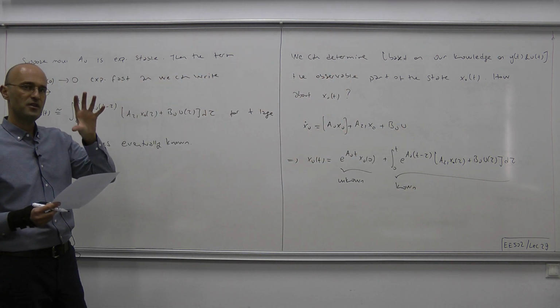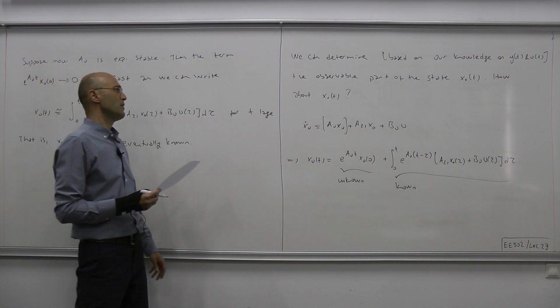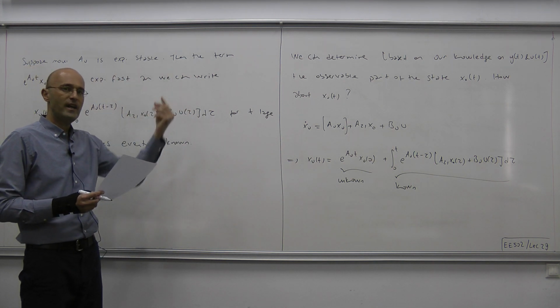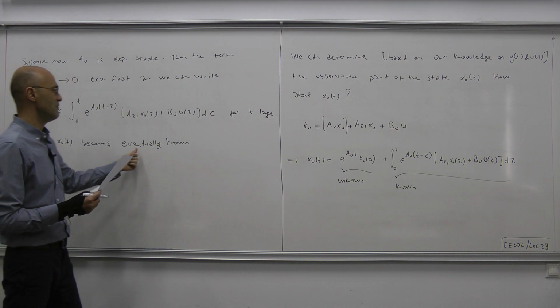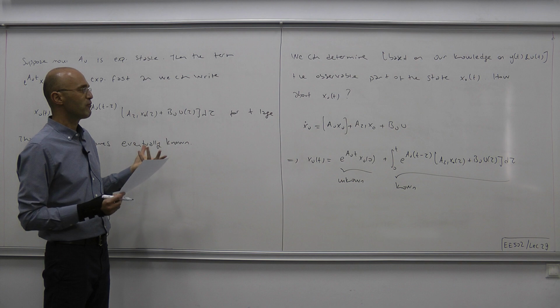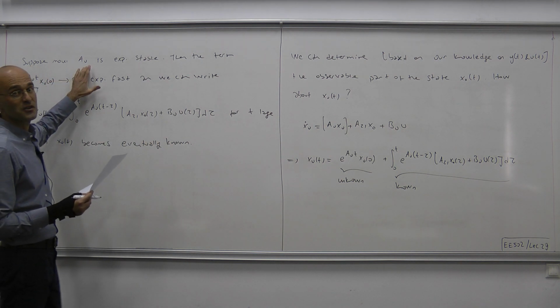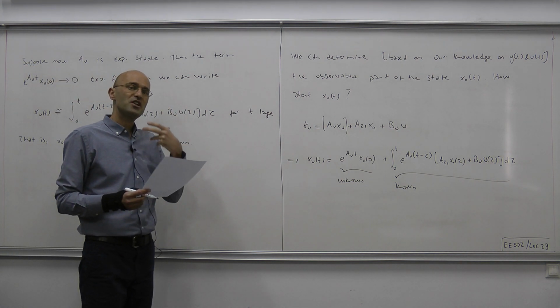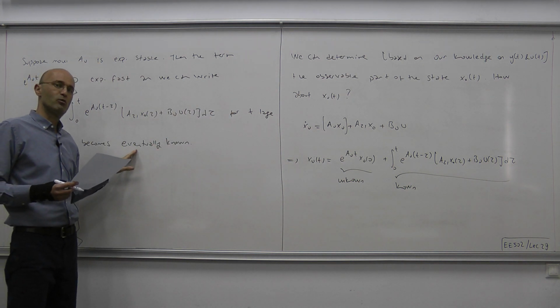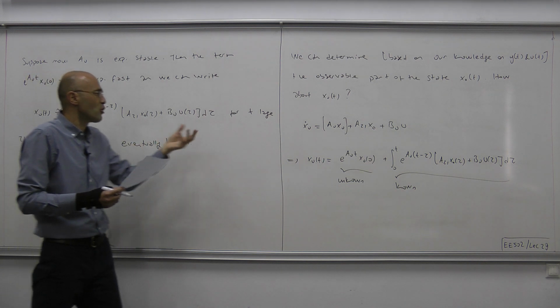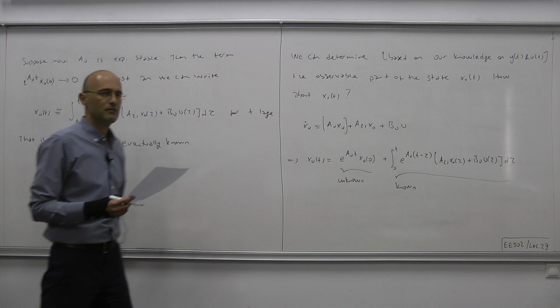Okay, so if xu of t becomes eventually known and xo of t was known from the very beginning, because that corresponds to the state of the observable part, that means the entire state xo and xu stacked together, considered as a single vector, becomes eventually known. So therefore, if AU is exponentially stable, this system, even though it's unobservable, is in a sense eventually observable. It becomes observable if you wait long enough.